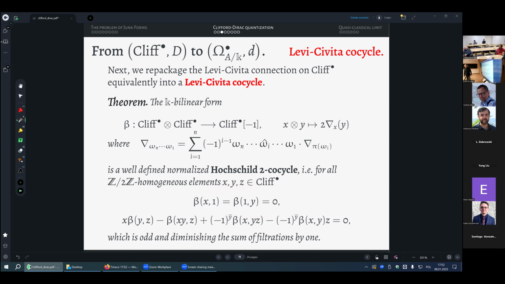Tomasz, can you remind me, this pi, you get it from where? From this non-degenerate quadratic form on differential forms. Yes, I think pi is a bilinear form, right? Could you repeat it? So pi is a bilinear form on this omega 1.